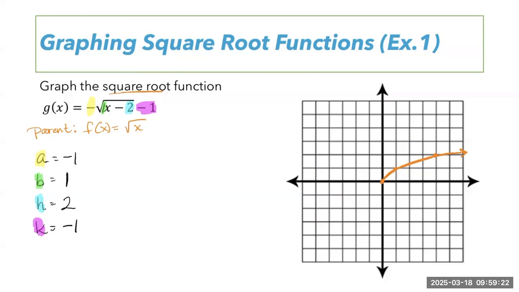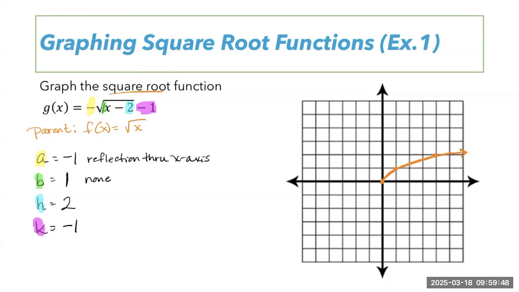So you identify those values, and then you identify what kind of transformation happens based on that. So if A is -1, that means we'll have a reflection through the x-axis. B, since that's just 1, there's no effect on our graph.